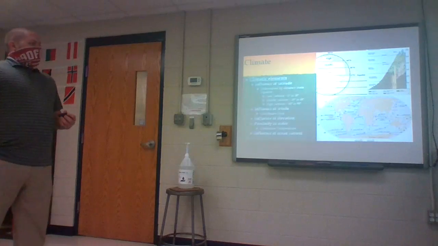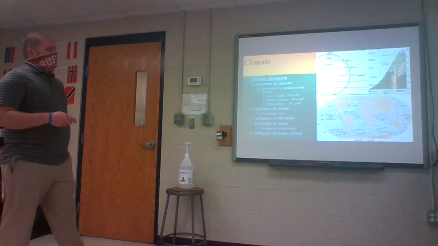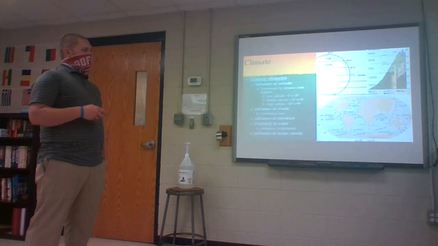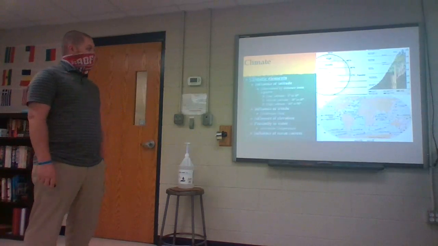Elements of climate. You have the influence of latitude. Remember, we talked about last week, latitude are the side-to-side, east to west lines. Low latitude is 0 to 30 degrees from the equator. Okay, so it's low and low. Middle latitude is 30 to 60 degrees from the equator. That's where we live. High latitude is 60 to 90. Okay?